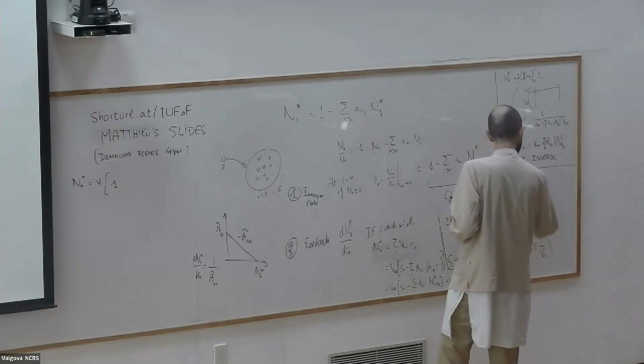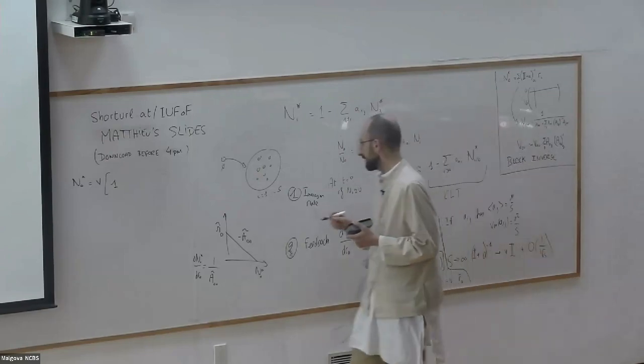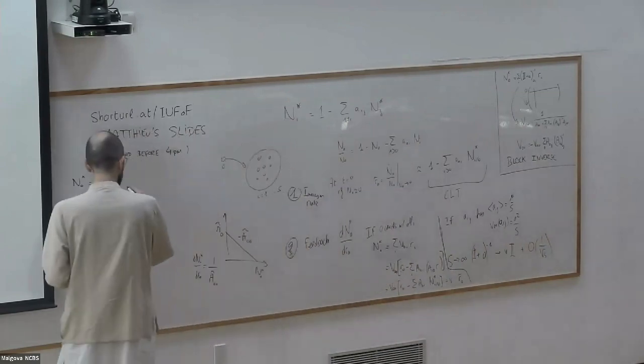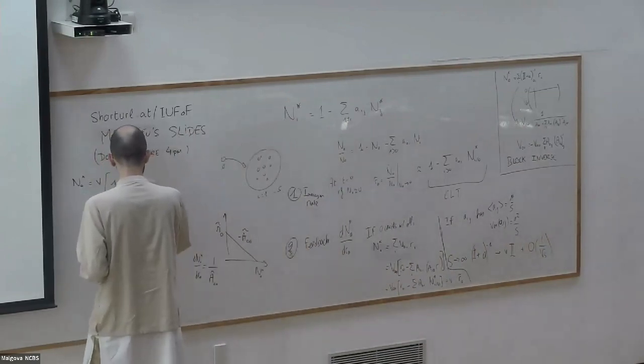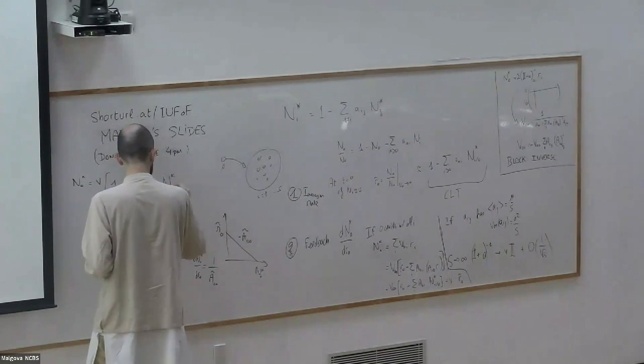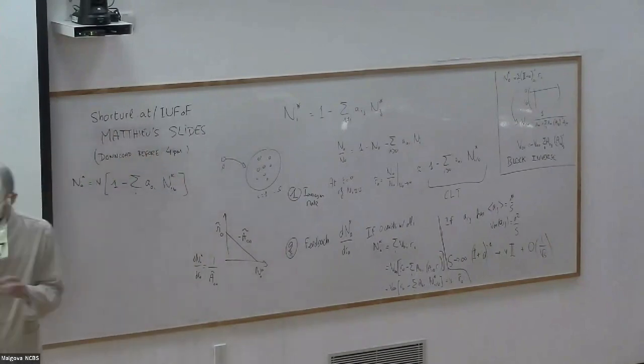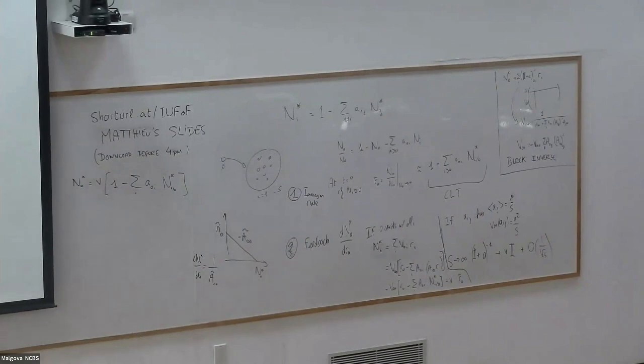Sorry, I'm being a bit of a disaster here. V times 1 minus the sum over all i of A0i N star i, without 0. So this equation now replaces these equations here.